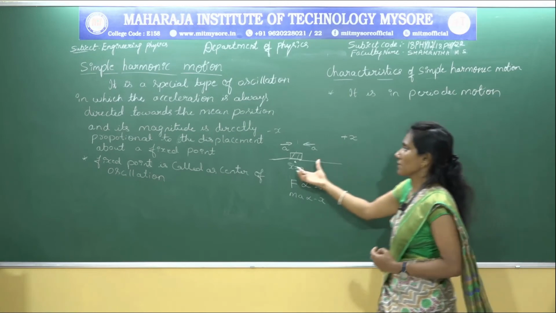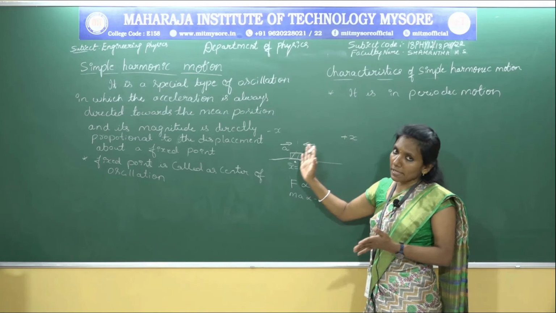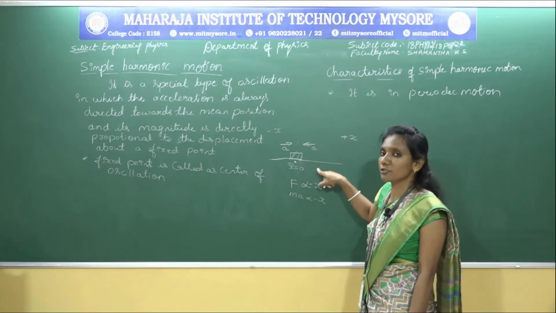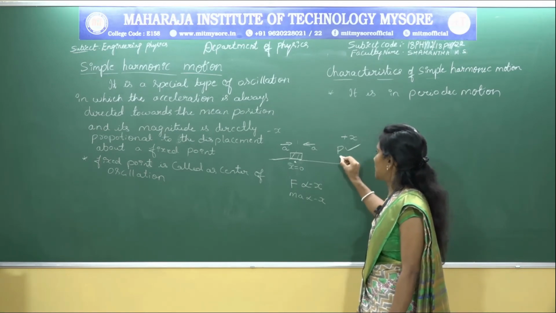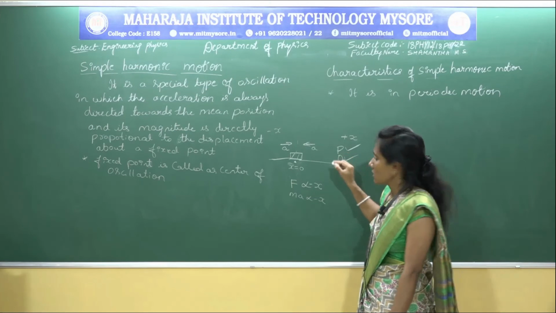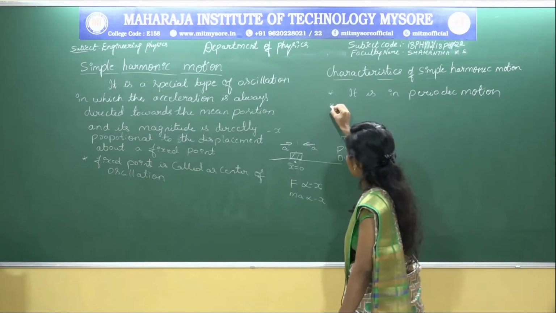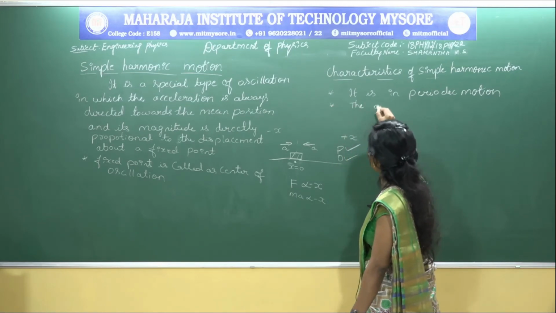That means after a regular interval of time, the motion repeats itself. It also executes to and fro motion, so it is periodic in nature and it is oscillatory also. And the acceleration is always directed towards the mean position.